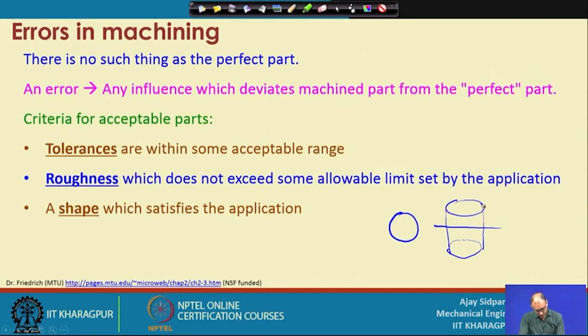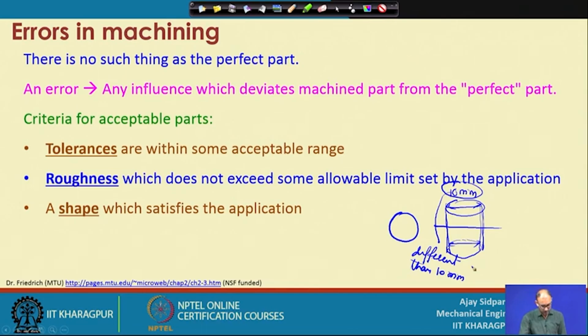Generally, when we say the diameter is 10 mm, we assume that 10 mm is throughout the length, but sometimes at the starting point it is 10 millimeter, and at the bottom portion it may be different than 10 mm, maybe on the plus side or minus side.